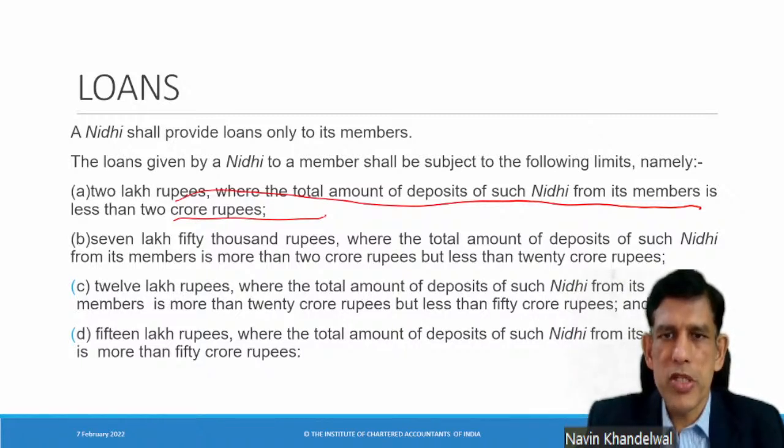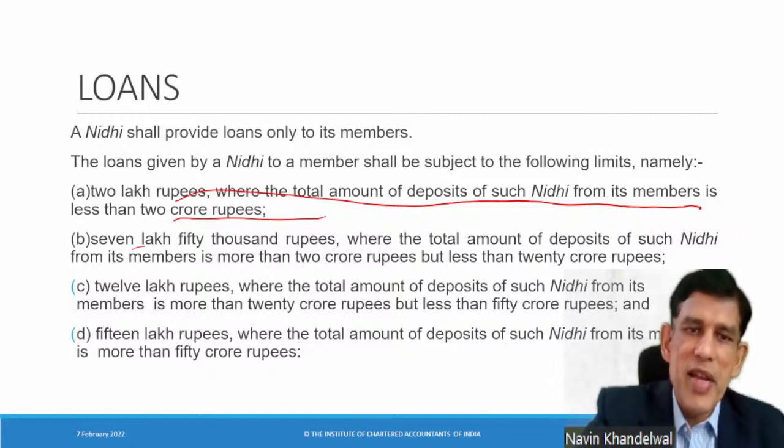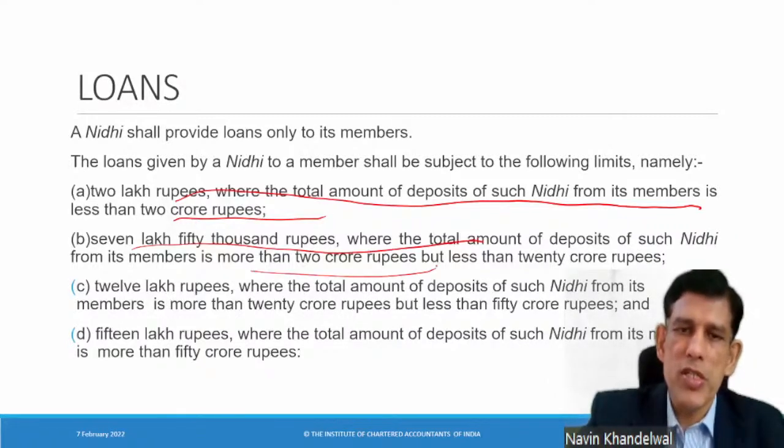So if the total deposit is 2 crores, maximum amount of loan to be given is 2 lakh rupees. 7,50,000 if the amount of deposit is more than 2 crores.